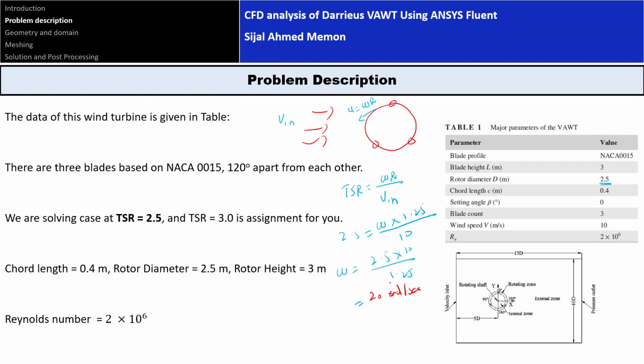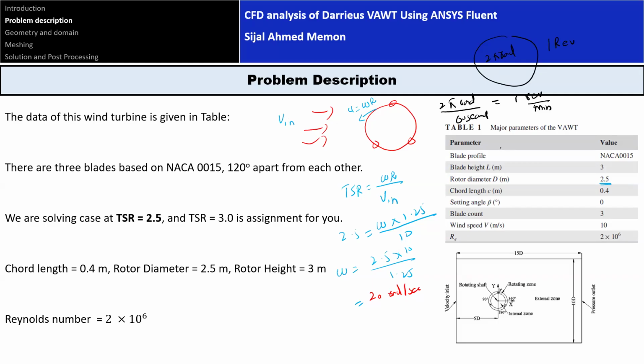You can directly input this value into Fluent, or you can change it to RPM. I don't remember the formula, but I can derive it. In one circle, we have 2 pi radians, and this is one revolution. So 2 pi radians is equal to one revolution. If I divide by 1 minute, it's 60 seconds here actually.